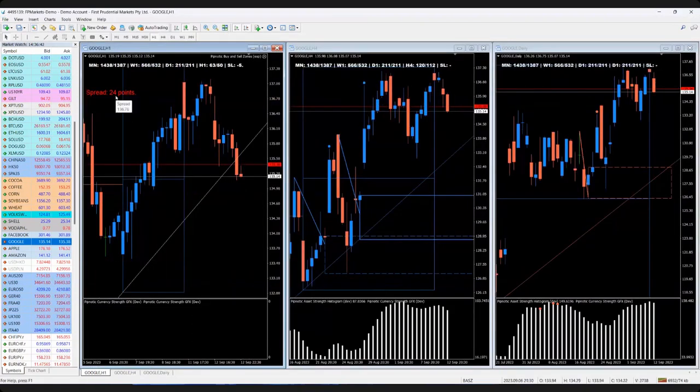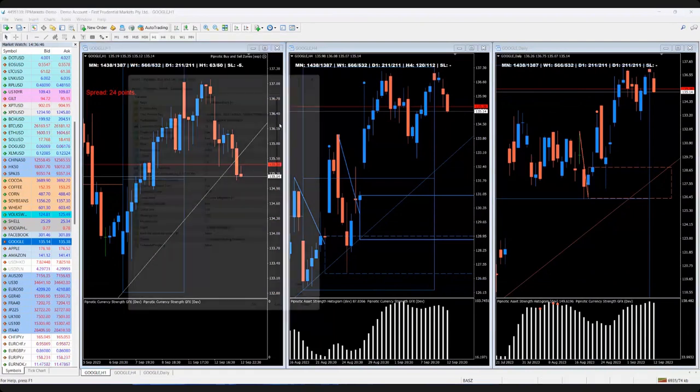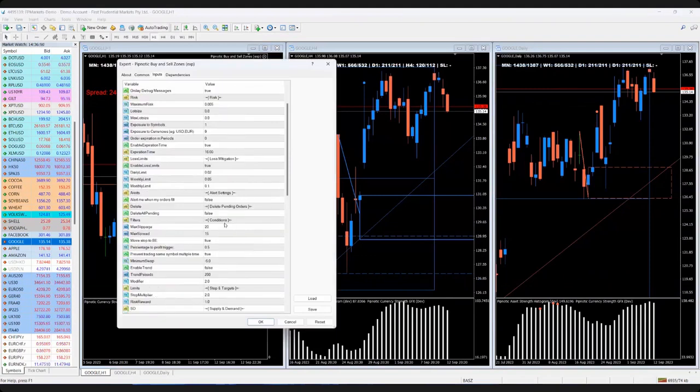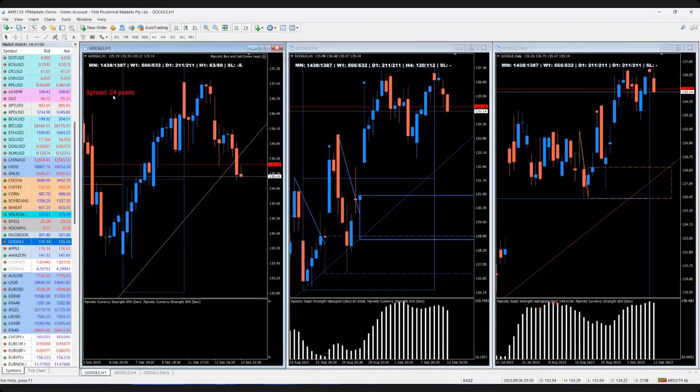But I think I have half a pip for my spread limit. Let me see. Conditions. 20, so 2 pips. So that should, no, it's just shy. So it wouldn't take that because it's about half a pip wider.